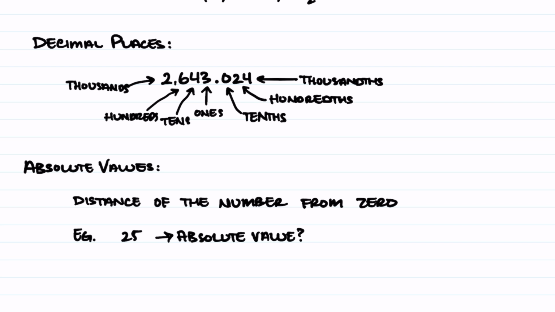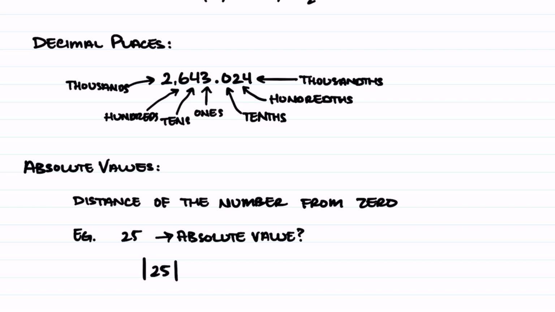So if we're trying to find the absolute value, then we have to write this down, 25, and then we put these symbols there. So those two lines do represent the absolute value. So what is the absolute value of 25?